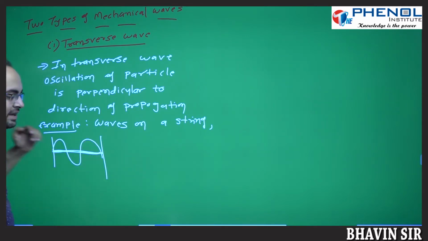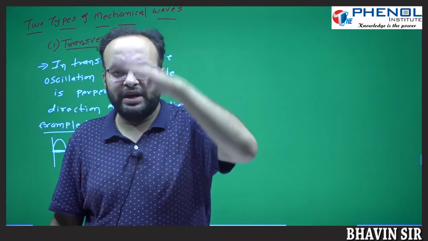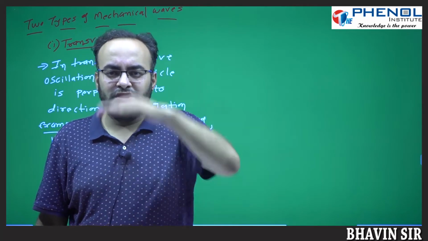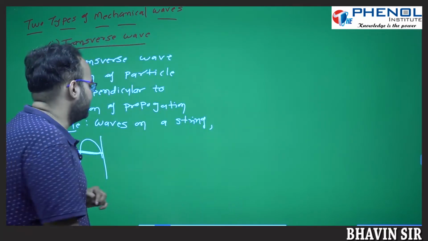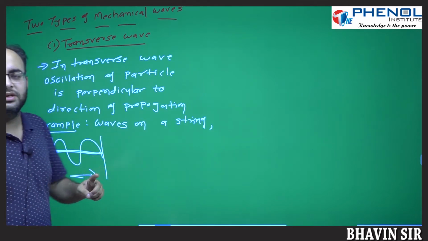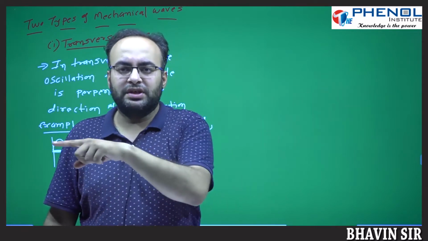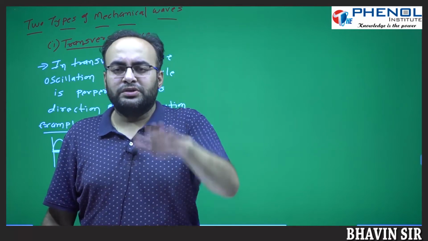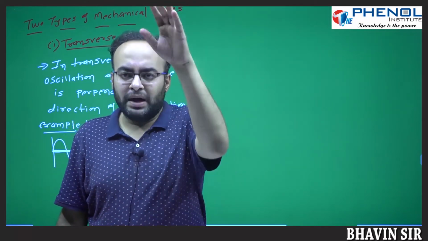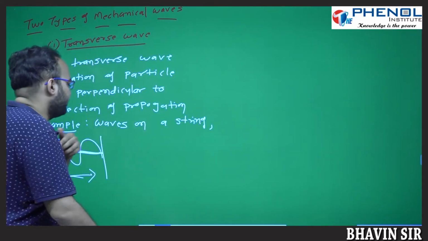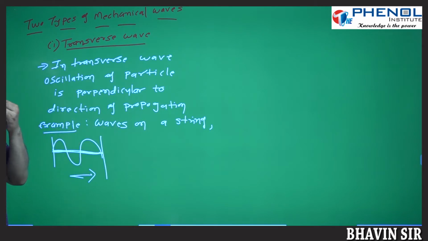How does it oscillate, students? In that manner the string oscillates, meaning particles are oscillating. This is the oscillation of particle, and this horizontal is the direction of propagation, and vertical is the oscillation of particles. So oscillation of particle is perpendicular to direction of propagation. So students, waves on a string is an example of transverse wave.